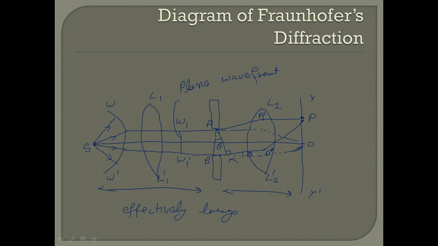So the light reaching the point P from A and from the point B has a path difference BK.